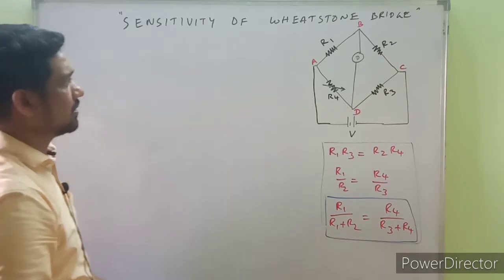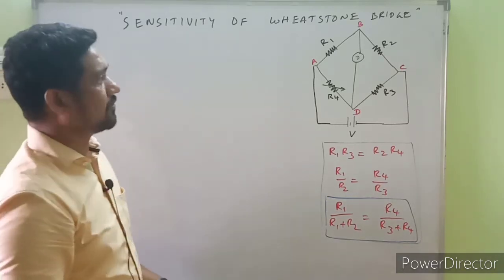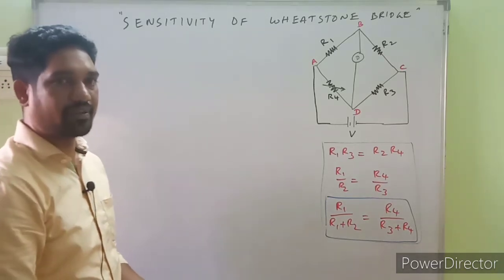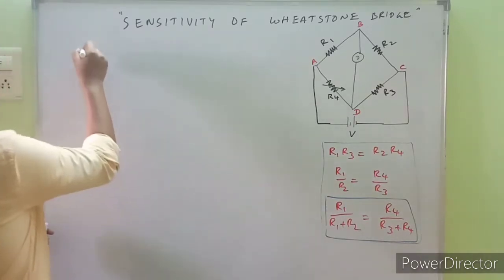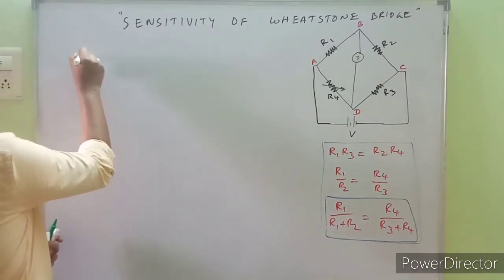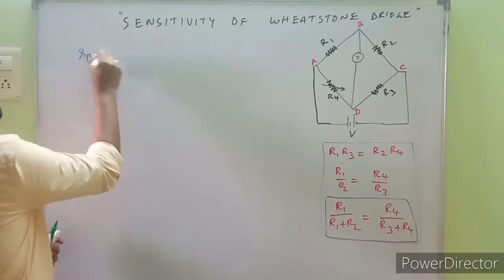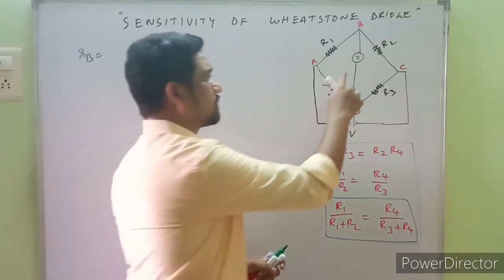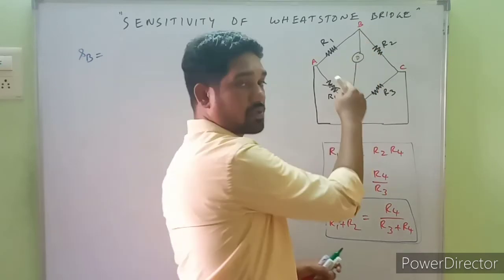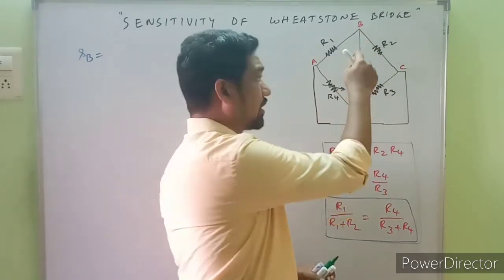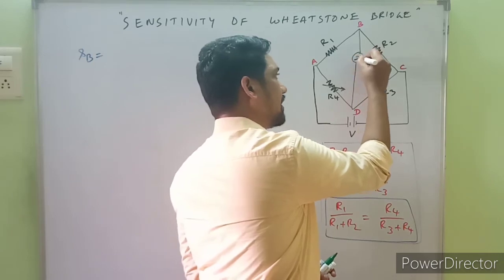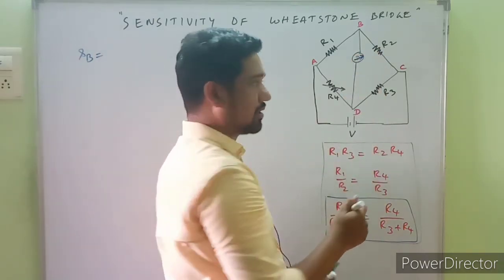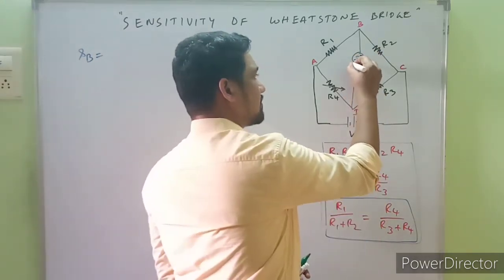On the other hand, the sensitivity of a Wheatstone bridge, notation SB, is defined as follows. When the current flows through the detector, the galvanometer pointer takes a deflection, and initially it may be pointing at 0.